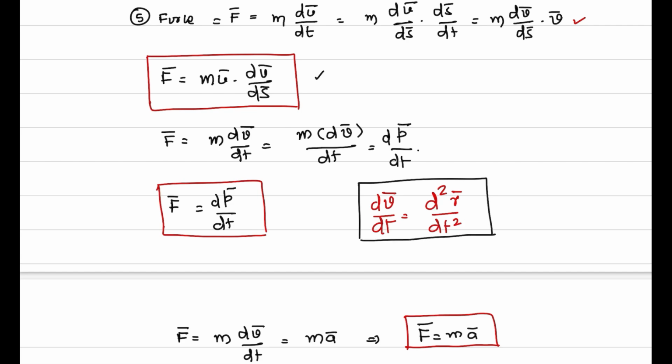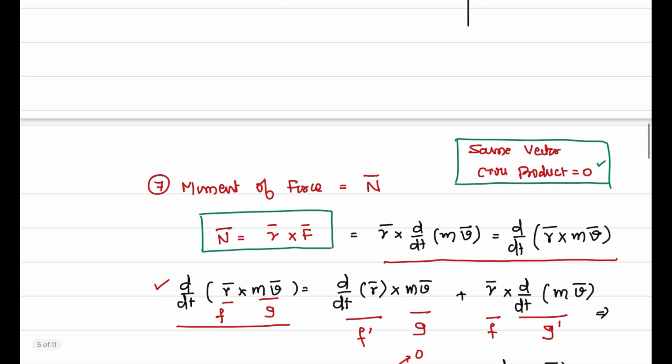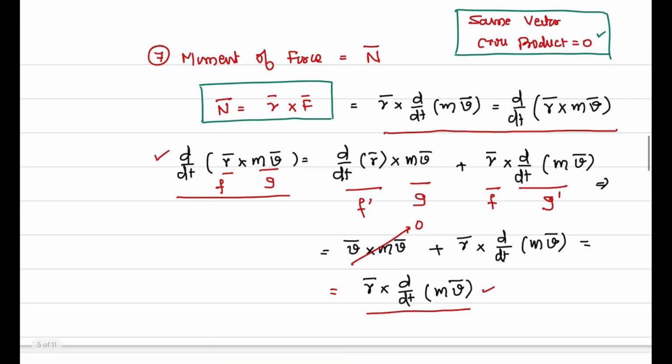Everything is an interrelated formula. Angular momentum is L, capital L, and that is equal to r cross p, where p is the linear momentum, r cross mv. And moment of force is N, capital N, that is equal to r cross F. That can also be treated as a torque, and that is equal to d by dt of r cross mv, which is r cross d by dt of mv.